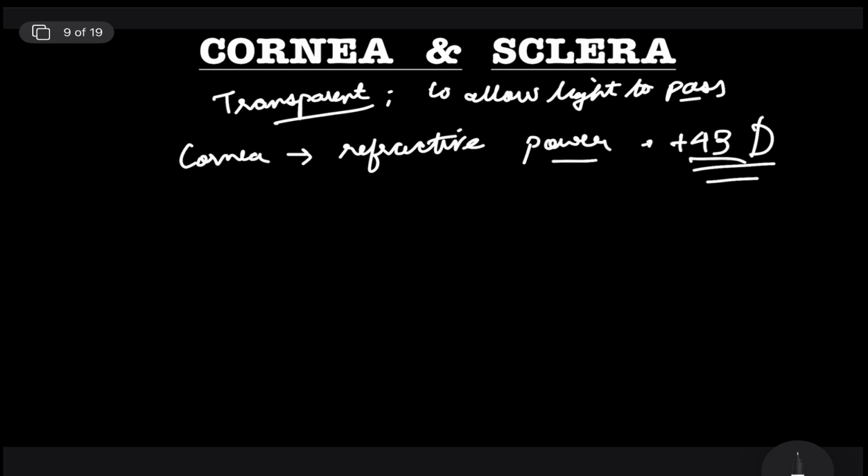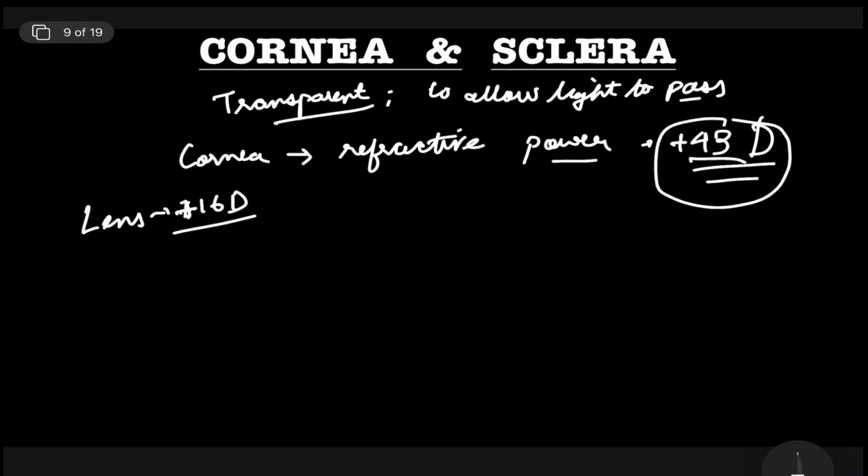Cornea also has a similar function, except the lens has a power of approximately plus 16 diopters, while the cornea has a power of plus 43 diopters, which means the cornea is the major structure which contributes to the refractive power of our eyes. That is how important this transparent layer in the outermost covering of the eye is.